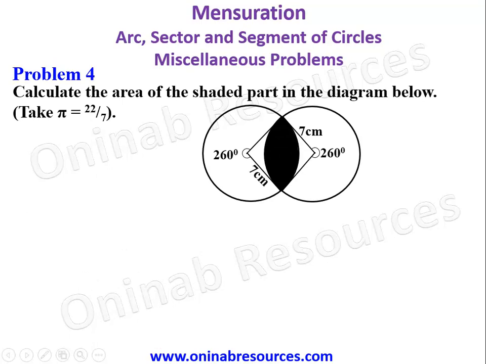For problem 4, calculate the area of the shaded part in the diagram below. Here, what we do now is we can separate the two circles and the sector.